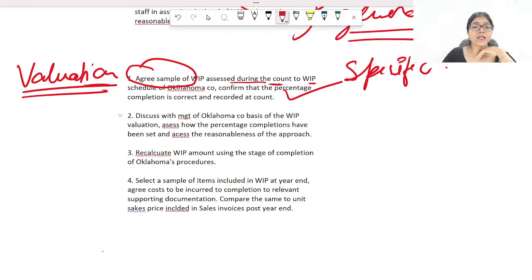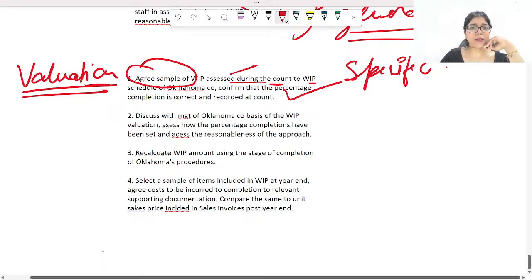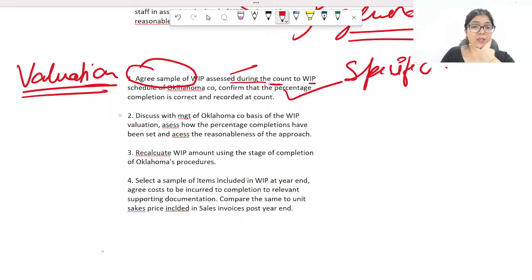Okay. Discuss with management of Oklahoma company the basis of WIP valuation. Here also I have used the company name. So what is the basis of the valuation that the company is following? I need to first know that. I'll discuss it with the management to understand that and assess how the percentage completion has been set and assess the reasonableness of the approach. So first of all, I'll be understanding the approach of the management.